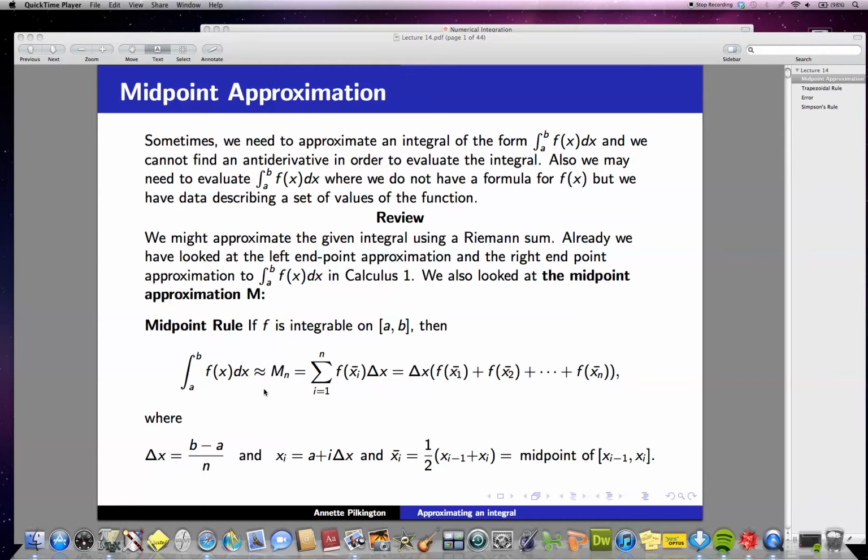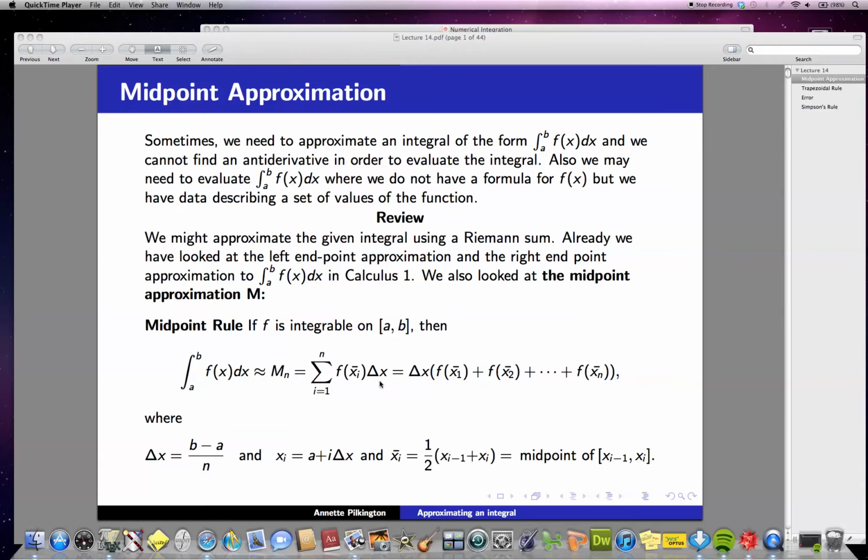And the formula is shown here. If I want to get what I call the midpoint approximation to this definite integral from a to b of f of x dx with n approximating rectangles, the formula for that is the sum from 1 to n of f evaluated at the midpoint times delta x.